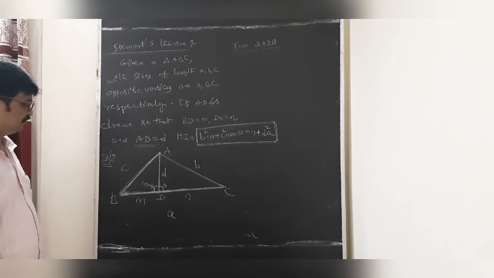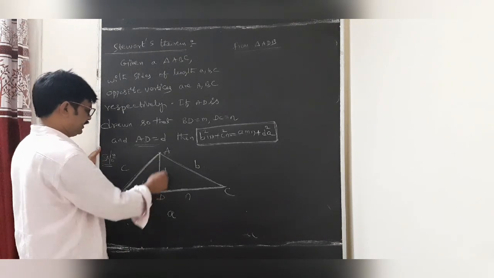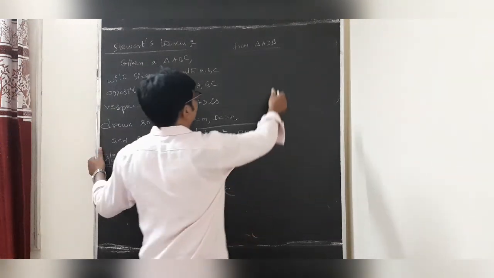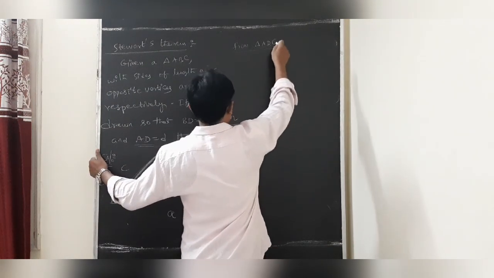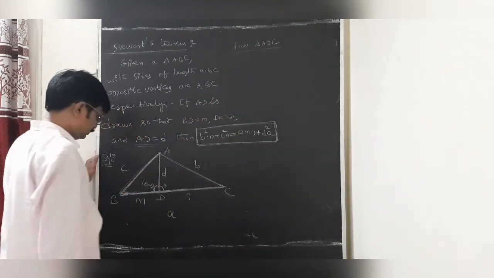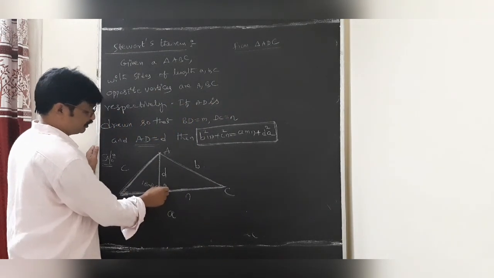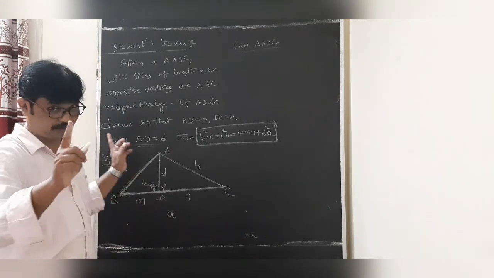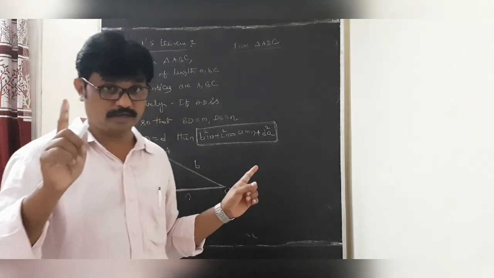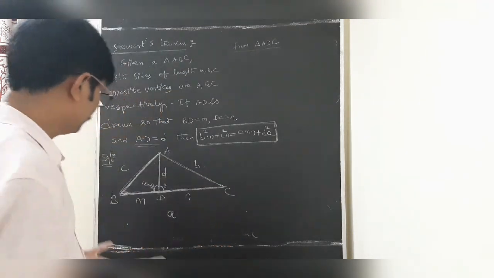First we take the triangle ADC. Dear students, how to write cos theta? Cos A is b square plus c square minus a square by 2bc.